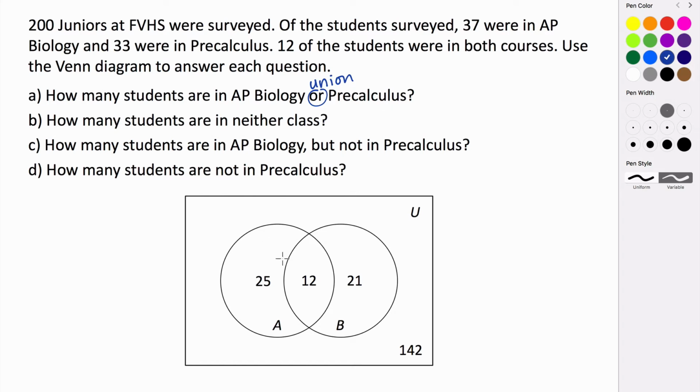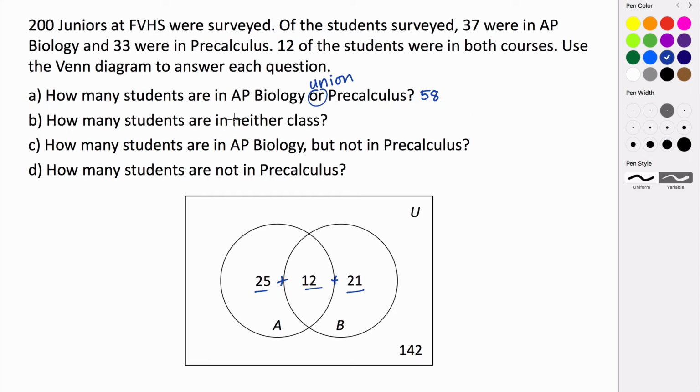The number of students is the number in just AP Bio, the number in both AP Bio and Pre-Calculus, and the number in just Pre-Calculus, added all together. So 25 plus 12 is 37, plus 21 is 58. So there were 58 students in AP Bio or Pre-Calculus. So 58 students in the union.